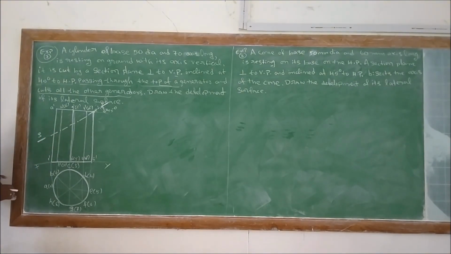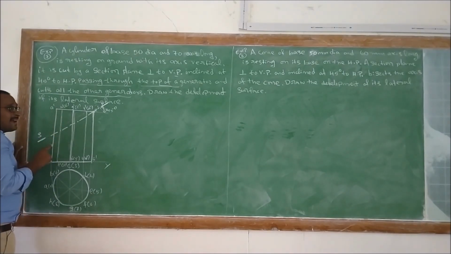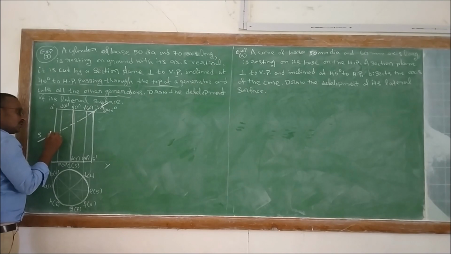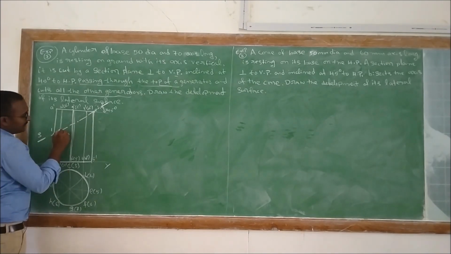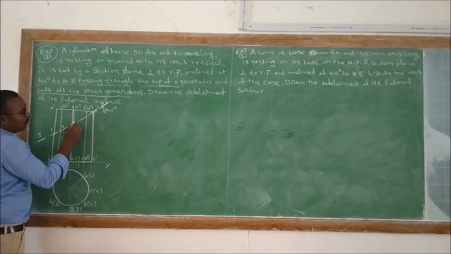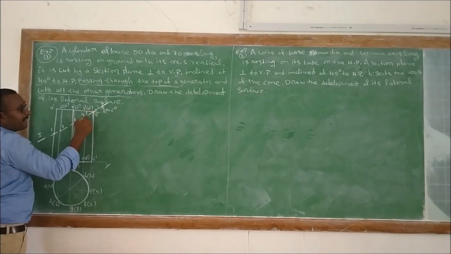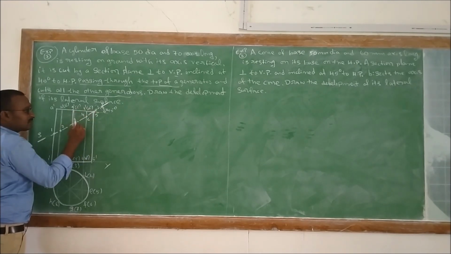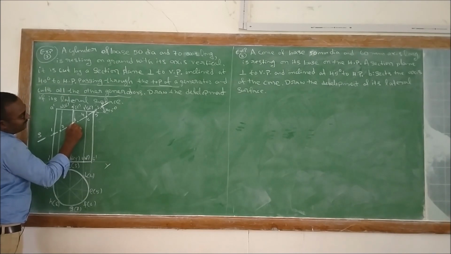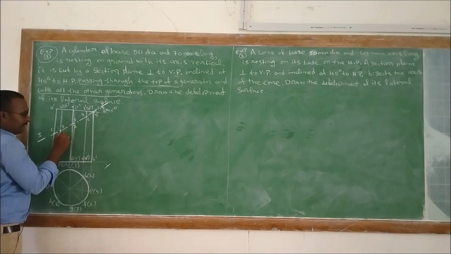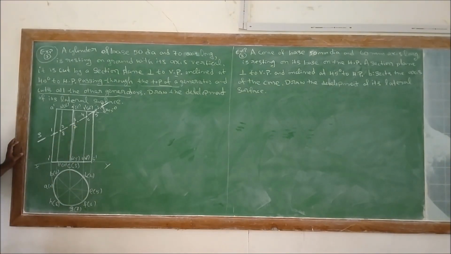Now we need to mark the intersecting points between the generators and the section plane. So here 1, then here 2, 3, 4, 5, again F here, 6, exactly at center there will be a 7, 8.